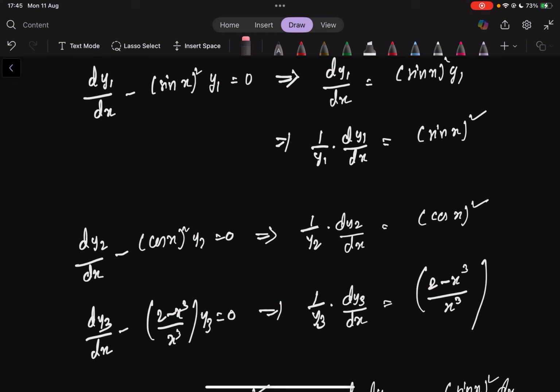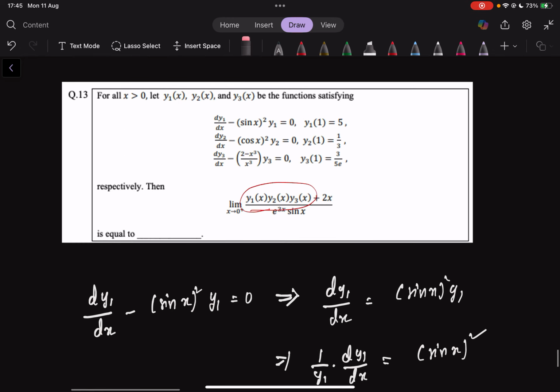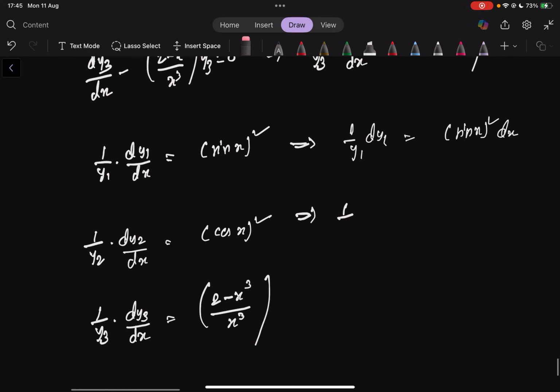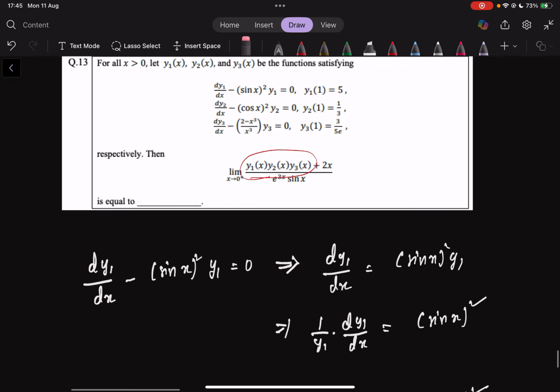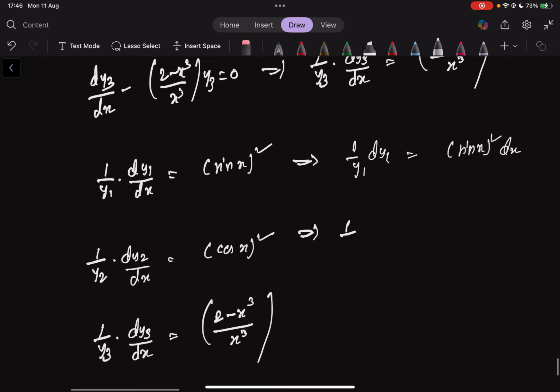So we can just add these three so that it's easy to integrate a polynomial function instead of a trigonometric function. Though we can solve it either way, it will help us reduce time in getting our solution. And in fact, even in the final question, they are asking about the product y1 y2 y3, so it's better to add and do the integral.